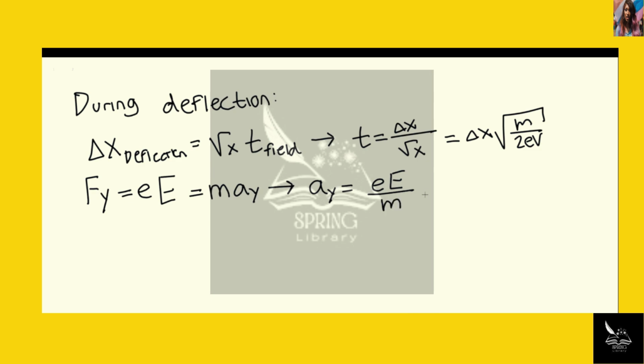Thus, the y velocity, just quickly integrating, will be initial velocity plus acceleration times time in the field. If we assume it has no initial y velocity as it starts to get deflected, this will simplify down to little e, big E, delta x over m, for the y velocity.